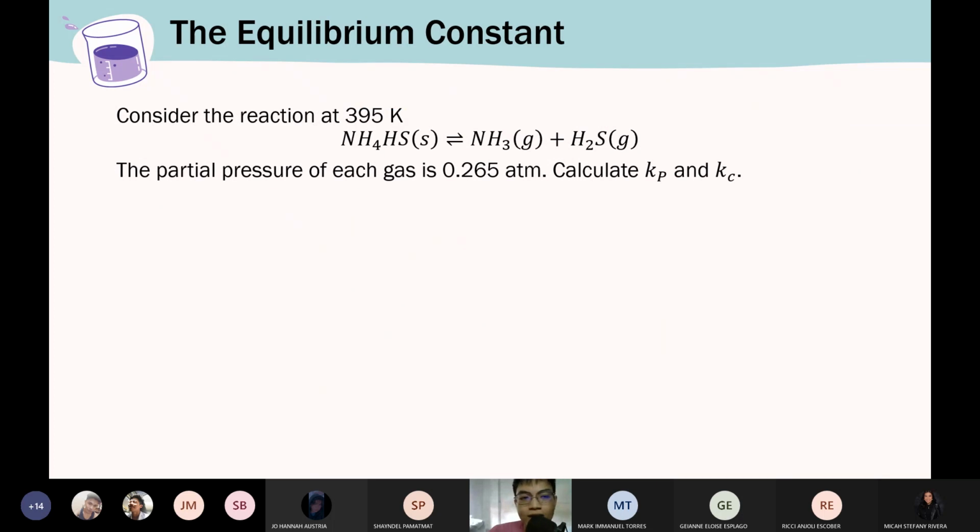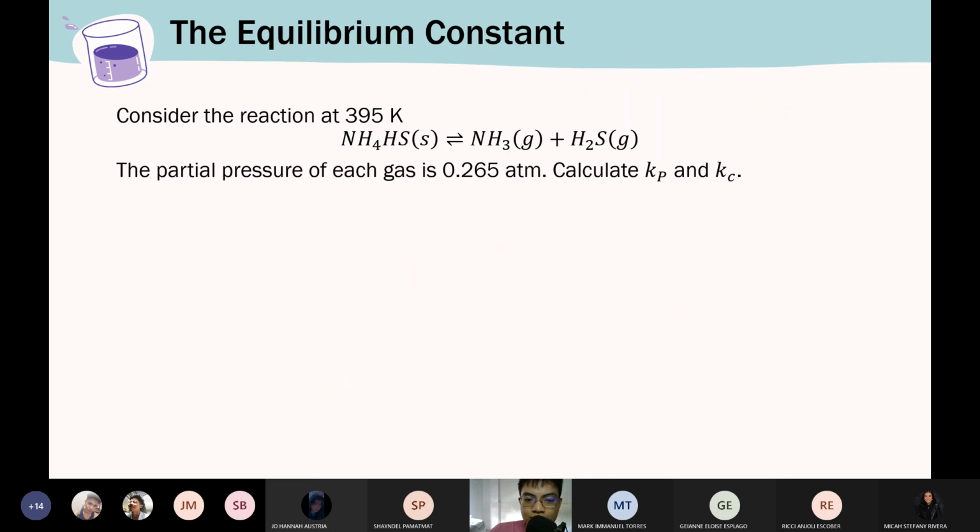Let's try this last problem. Sabi dito, consider the reaction at 395 Kelvin. Ammonium sulfide is in equilibrium with ammonia and hydrogen sulfide. The partial pressure of each gas is 0.265 atm.